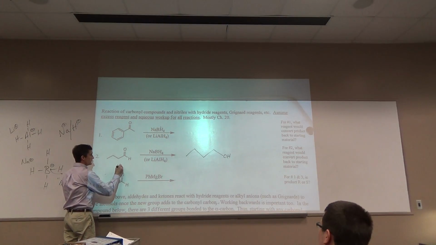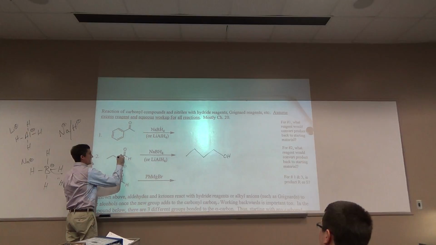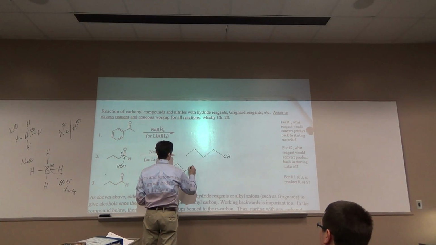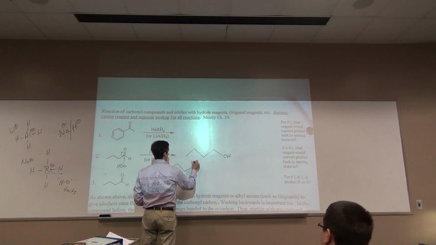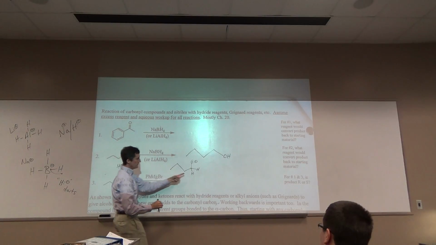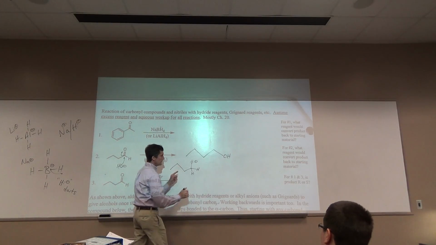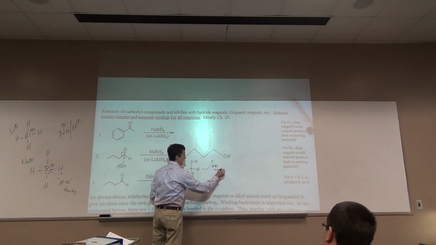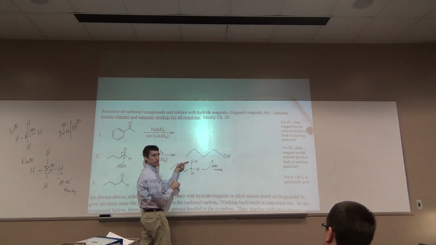Of course, mechanistically, what do we do? Add it there, boom, boom, boom. Electrons up, became minus. If you want to keep track of the H's, please do. There's 2 there now, right? 1 was drawn in. We now have a new one here. Where's the H going to come from?